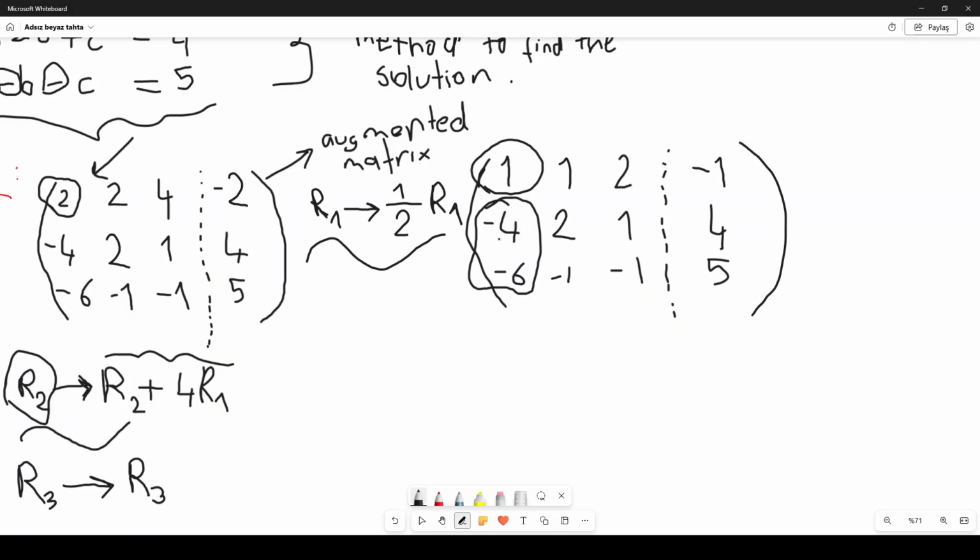Therefore I get a 0 in the very first element of the second row. And the same strategy, how can I eliminate -6? It is simple. I just multiply the first row by 6 and then add it to the third row, and then replace the third row by this equation, right?